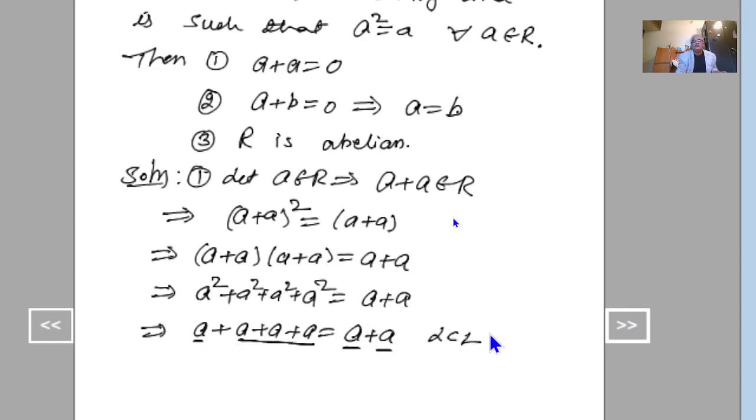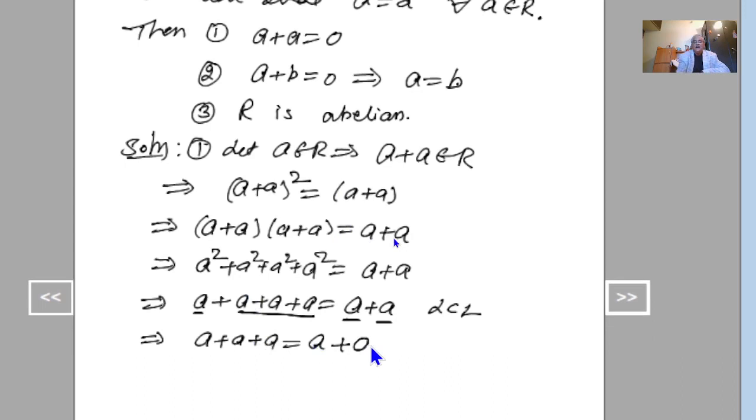By using the left cancellation law, I can cancel this A and this A. What this implies is A plus A plus A is equal to A. And I will write this right hand side A as A plus 0. Again use the left cancellation law.